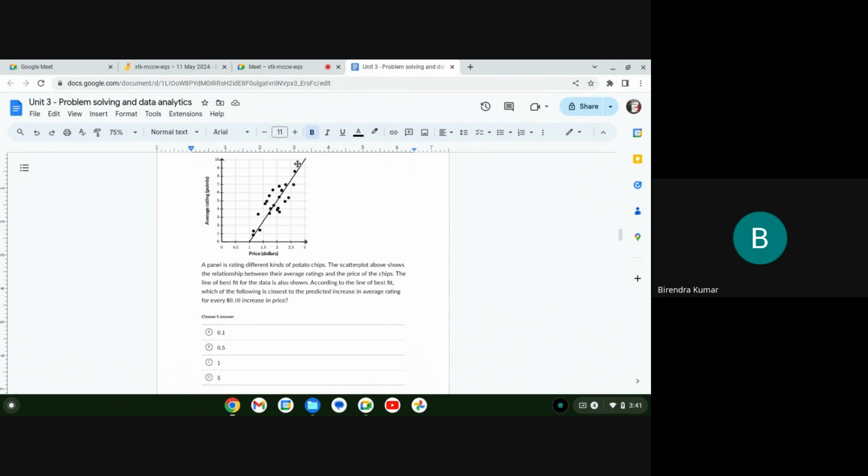Yes. Now let's go to the topmost point, which is also pretty much on the line of best fit. I'm talking about the one at the top. And what is the price for that one? Would it be like 2.6, 2.7? We'll give it 2.7, let's say. Okay. So what is the rating here?